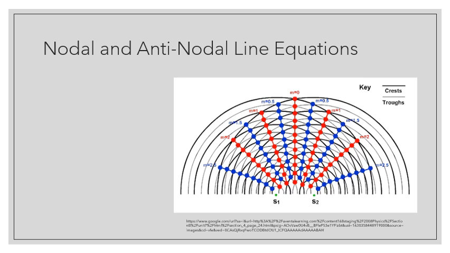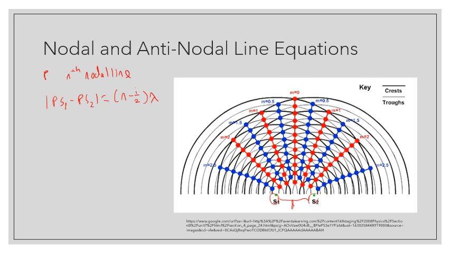For any point P on the nth nodal line, there is this equation: the absolute value of the distance from the point to source 1 minus the distance from the point to source 2 is equal to n, the nodal number, minus 1/2, times the wavelength. This is source 1, this is source 2, and there's this distance d between them.